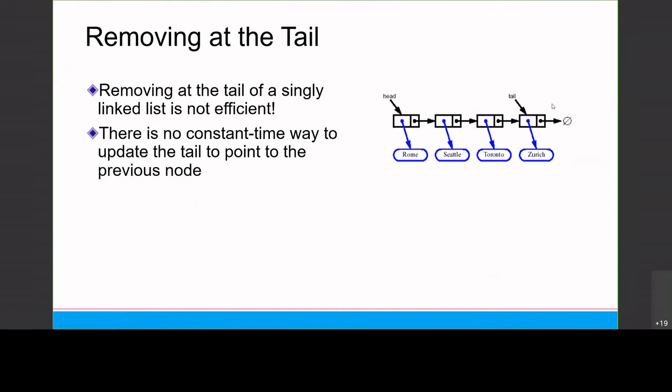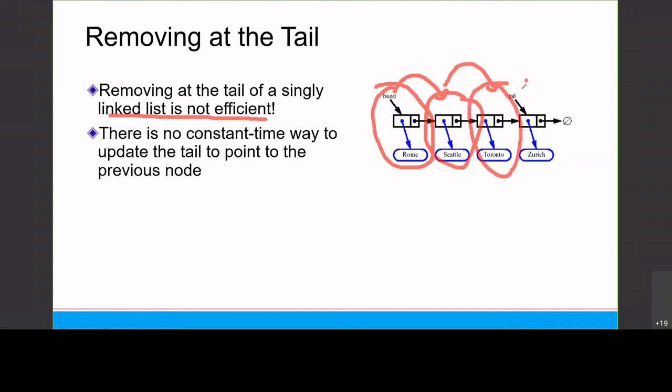And if you want to remove the tail, in the singly linked list, this is not efficient, because whenever we want to remove, we need to remove the head first. Then the head will be shifted to the next node, and then shifted to the next node, until the last one.